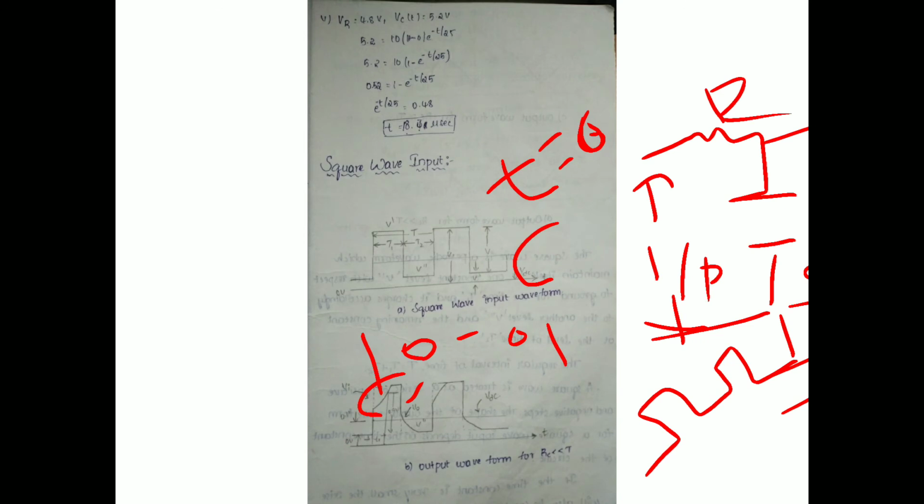V dash is the rising voltage, V double dash is the falling edge, V1 is the positive voltage and V2 is the negative voltage.